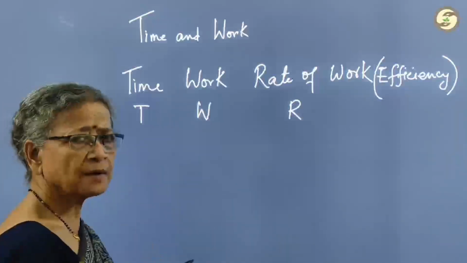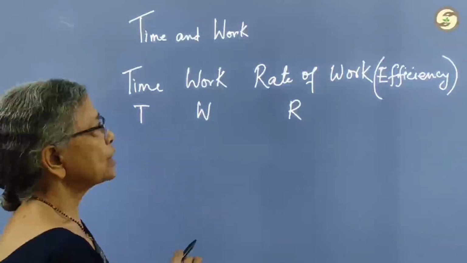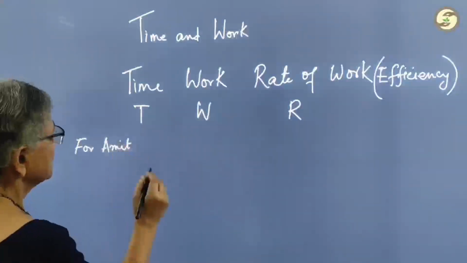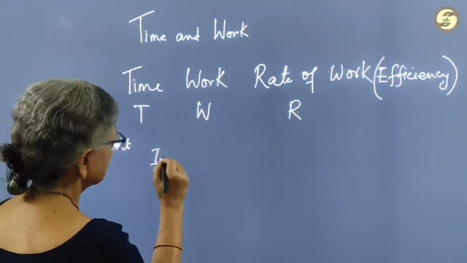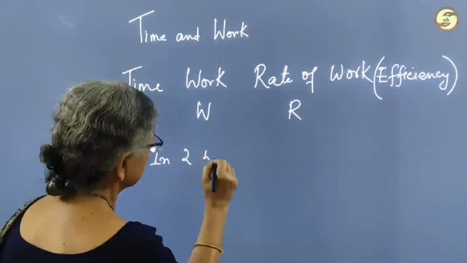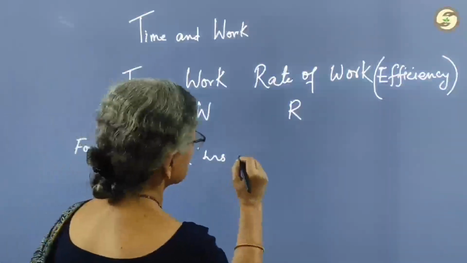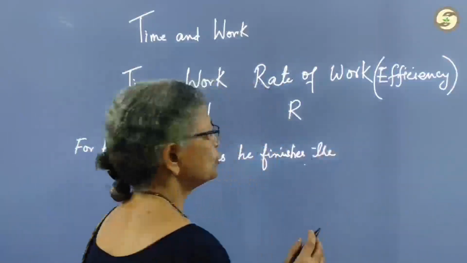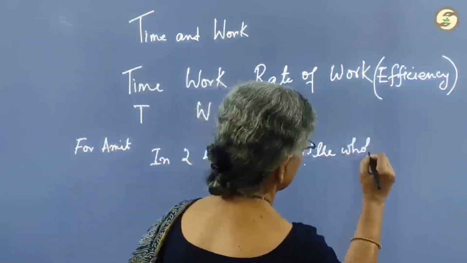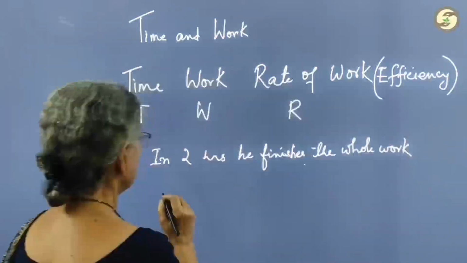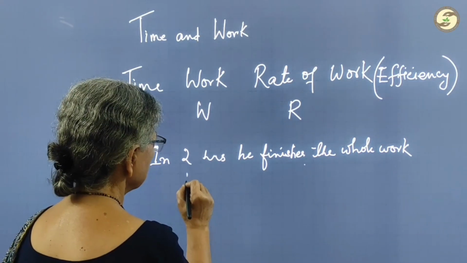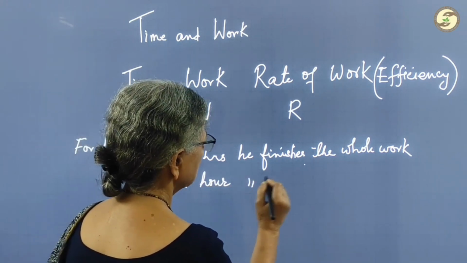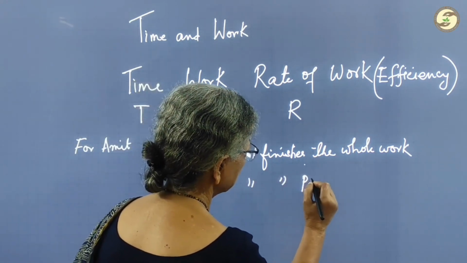So in this example of Amit and Mohan, how to calculate the rate of work? For Amit, in 2 hours, he finishes painting the wall. He finishes the whole work, which we take as 1 unit. So in 1 hour, how much will he finish?